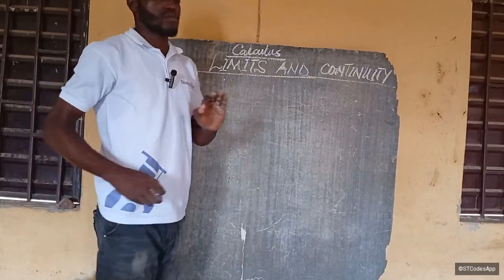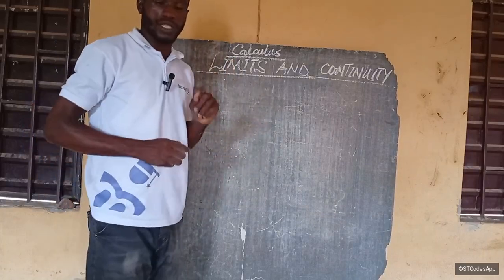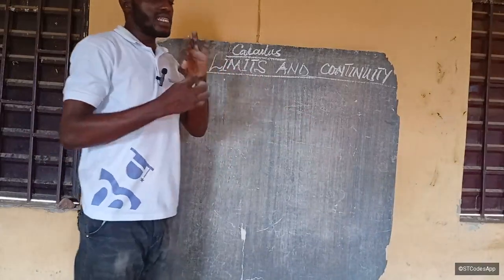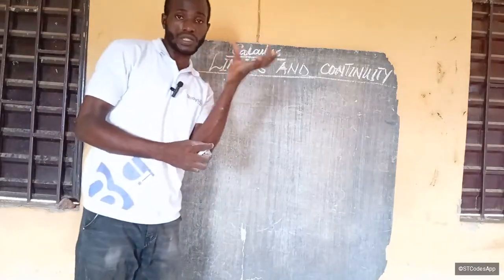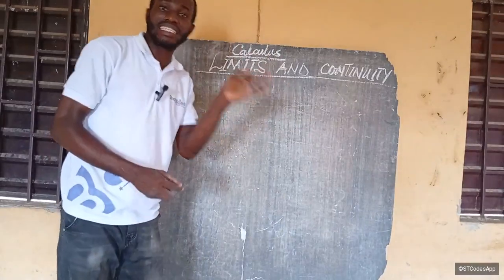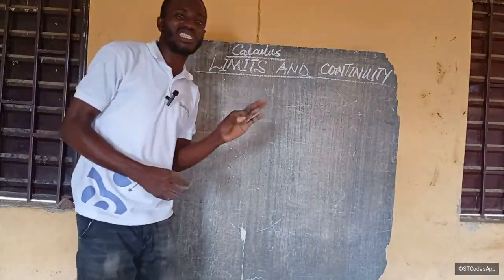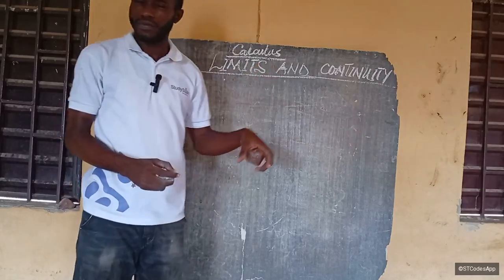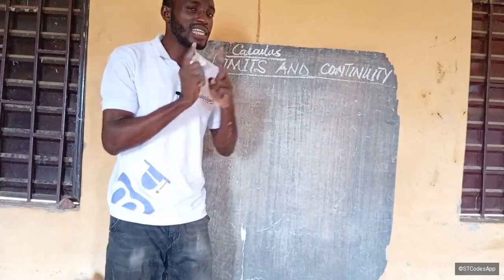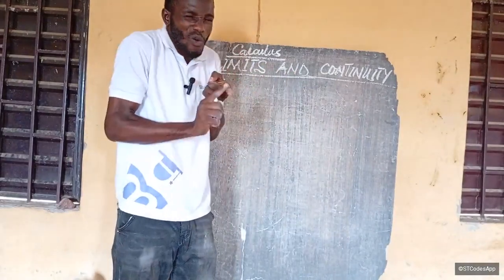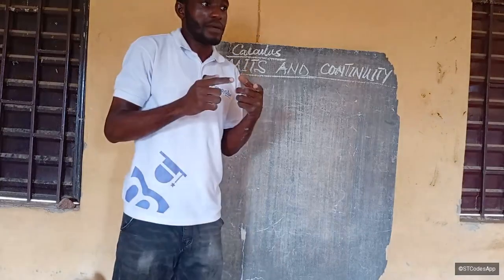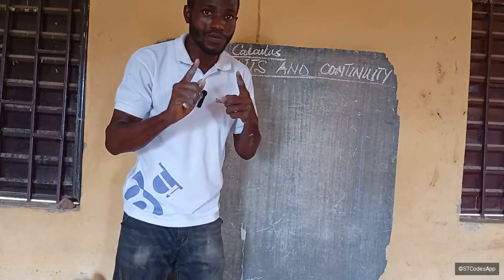Now, the limit of a function at a particular value of a variable is that constant or number that the function approaches as the variable approaches a particular value. So such that the difference between the constant and the function is so small that we say it is almost zero.